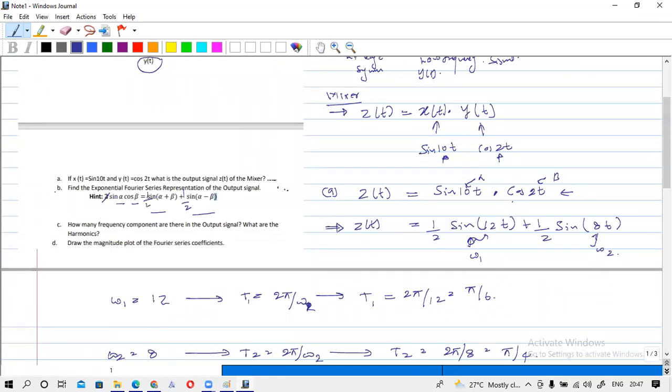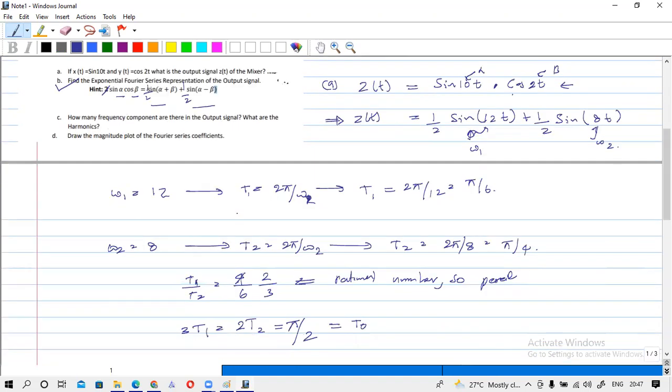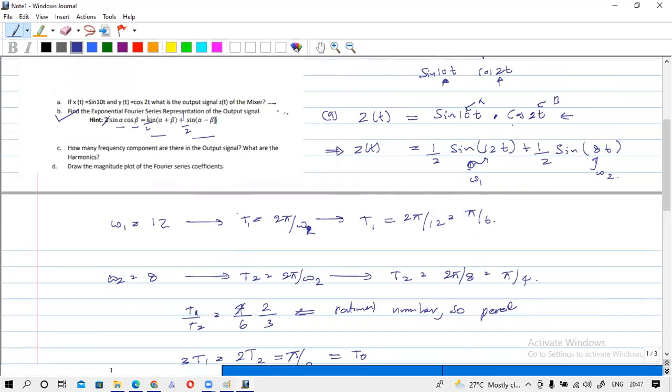For this question, you do not need to write those coefficients also. Here, how many frequency components are there in the output signal? If you look at this one, this will be your output terms.